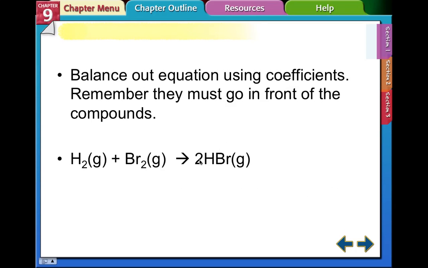The easiest way to do that is to put a coefficient of 2 in front of the product. So now we have 2 hydrogens and 2 bromines on the reactant side. On the product side, we have 2 hydrogens and 2 bromines.